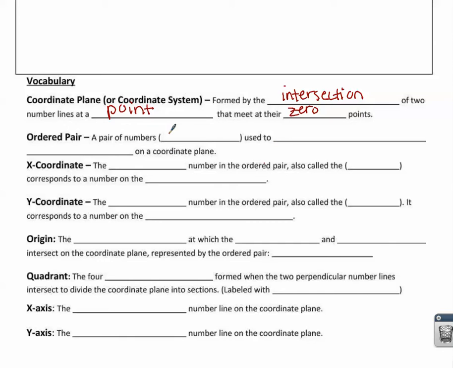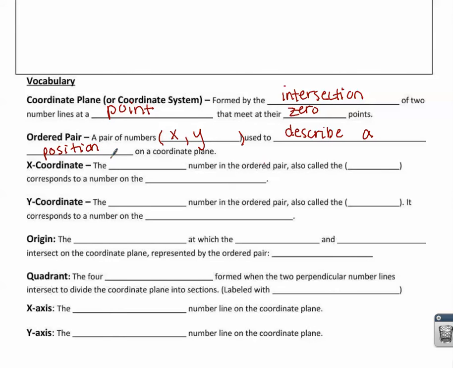An ordered pair is a pair of numbers labeled as (x, y) in parentheses, used to describe a position on a coordinate plane.